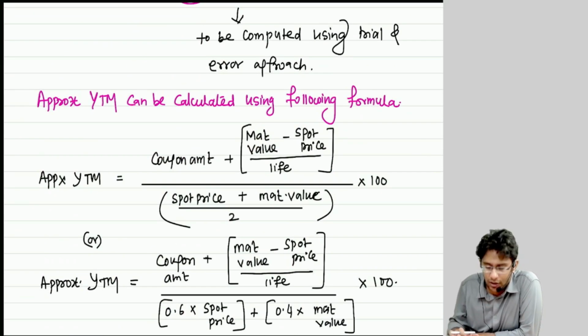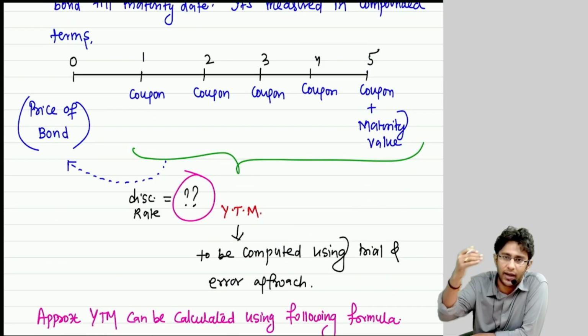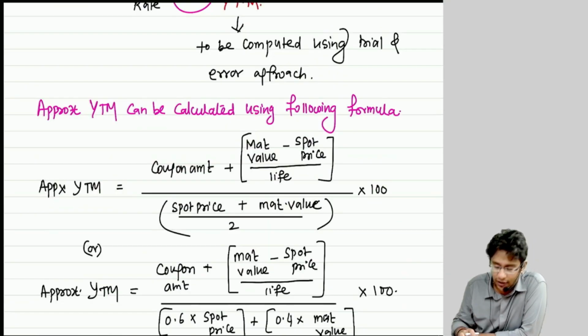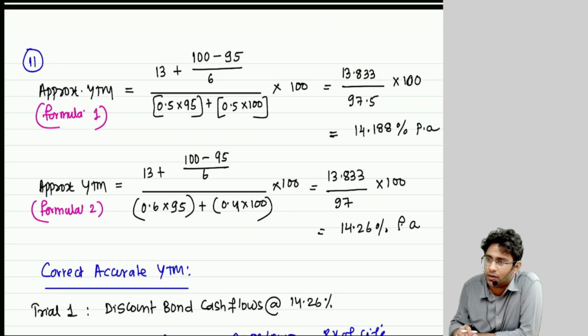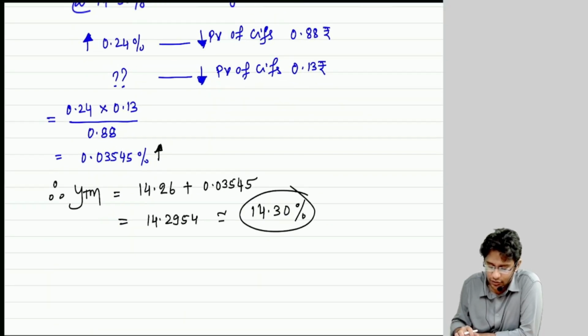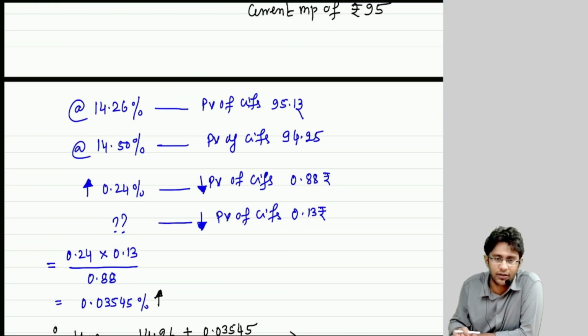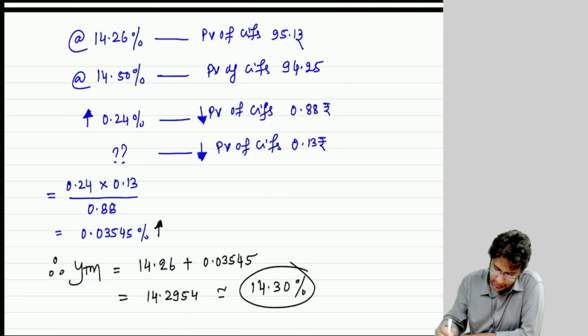This formula will work only when the cash flows pattern is like this. Maturity is payable at the end. Then only this will work. If maturity is coming in between, then that will not work. So then how to do? You don't have a choice now. You have to do literal pure trial and error. That's the reason you have to learn interpolation. Okay. So, start, sir.